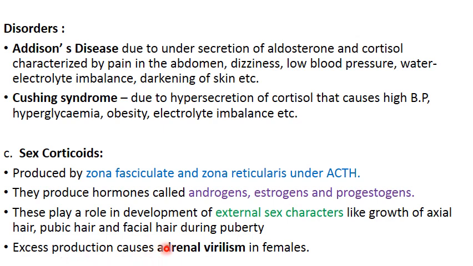Now one disease that can occur in females due to excess secretion of androgens will be adrenal virilism, where the females will show some male type external sex characters like deep voice like in male, or male pattern of hair distribution, etc.